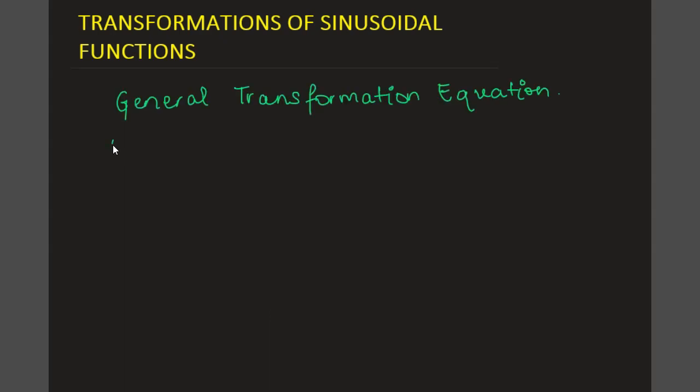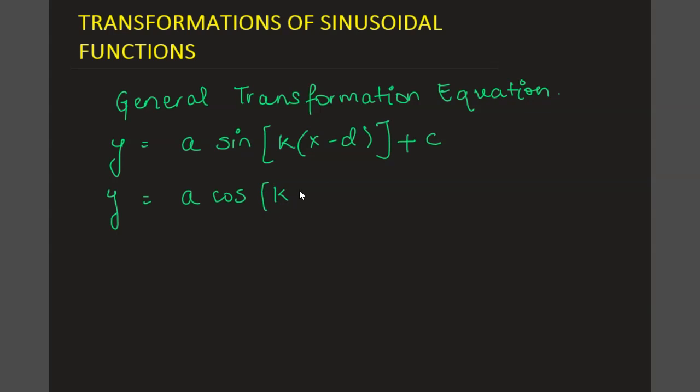The general transformation function equation for parent sine can be written as y is equal to a sine k(x minus d) plus c. Similarly, the general transformation equation for parent cosine function can be written as a cos k(x minus d) plus c.